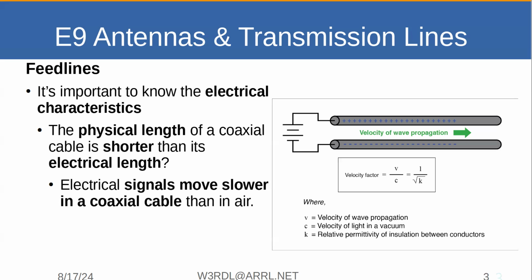Because I have one of those RigExpert stick antenna analyzers, and it measures the velocity factor. And you look at it and like, is that good? I don't know. So you have to put in the length?